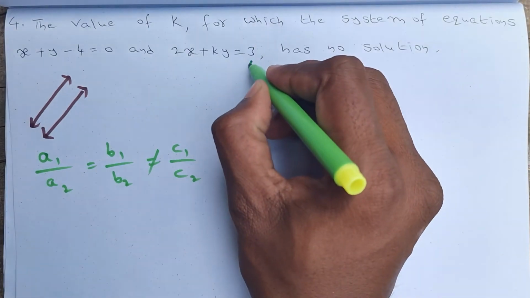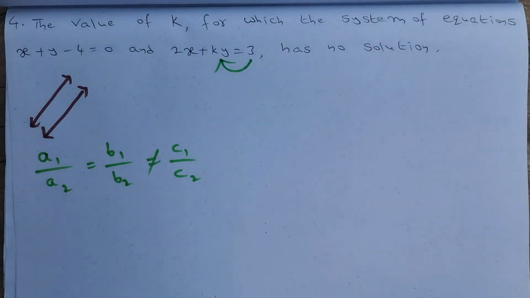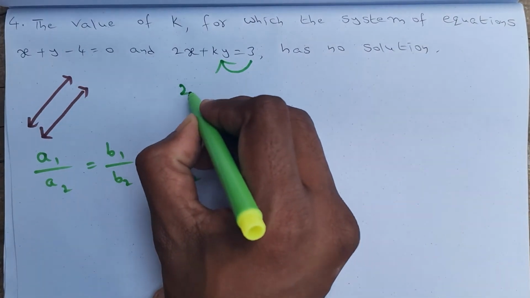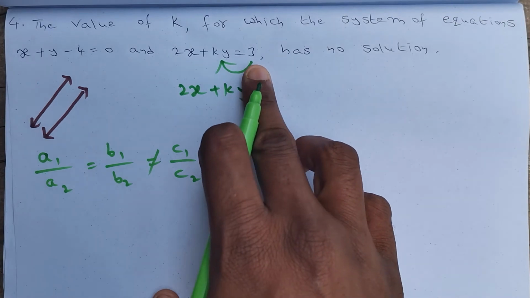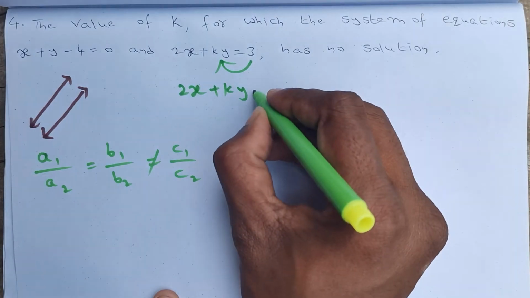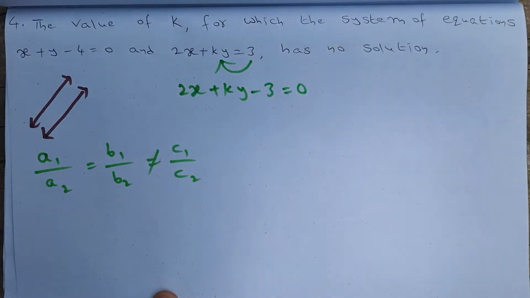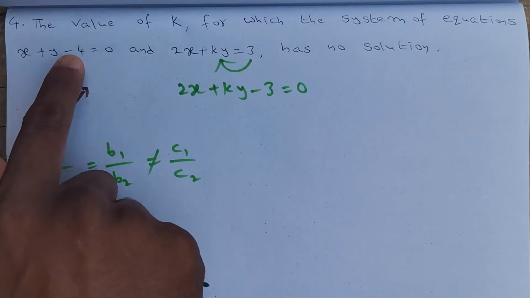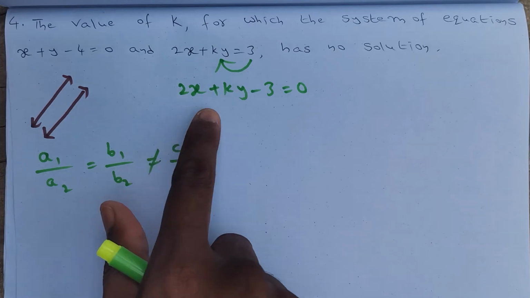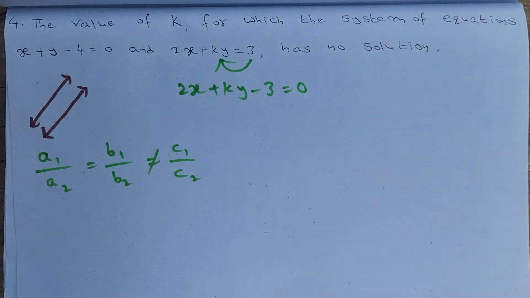So I will take this constant to the left side. Then what will be the equation we will get? 2x plus ky plus 3, we are taking to the left side, then it will become minus 3 is equal to 0. Now the equations are x plus y minus 4 is equal to 0, 2x plus ky minus 3 is equal to 0. Okay, now let us solve.